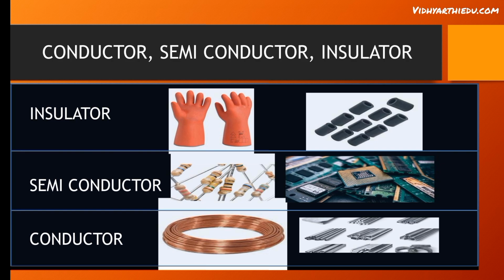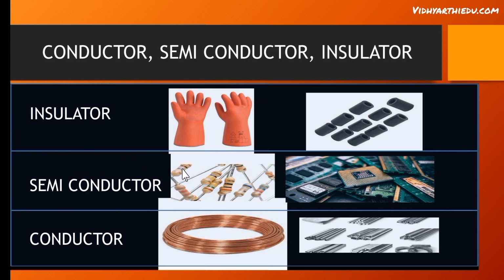Now we go to the next topic. See some examples of conductors, semiconductors, and insulators. Insulators will totally block the flow of electric current and are used as shockproof materials. Examples are rubber gloves, wood, and ceramic. Semiconductors allow the flow of electric current partially.